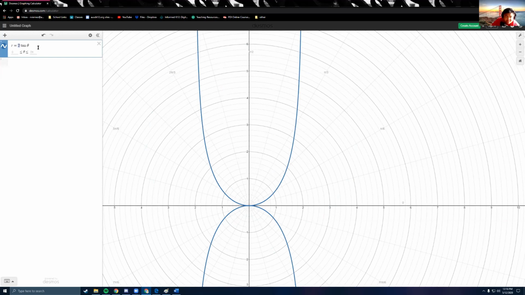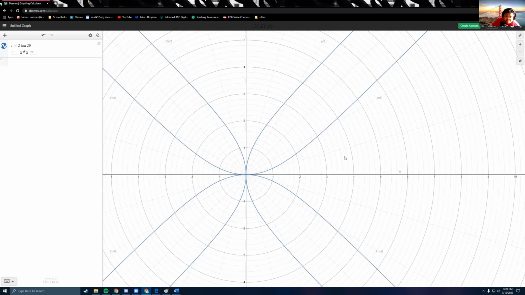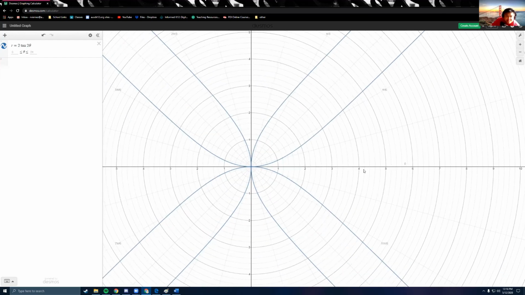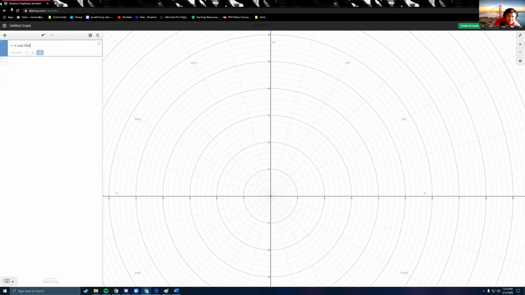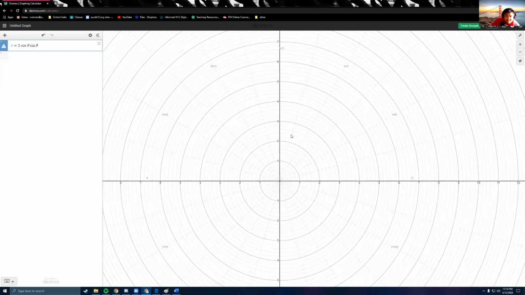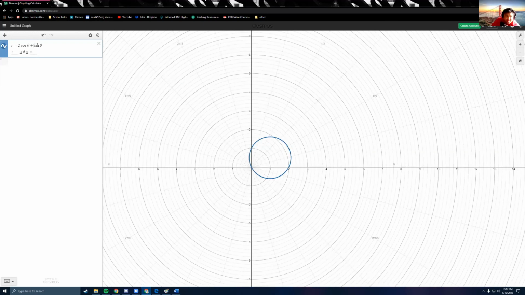How about 2 tangent 2 theta? Wow. It's like 4 pencils. Yeah, you can get a lot of weird. There used to be a way to make a spiral. I don't even remember. Is it cosine theta? Sine theta? No, that didn't do anything. How about cosine plus sine theta? That's nothing.